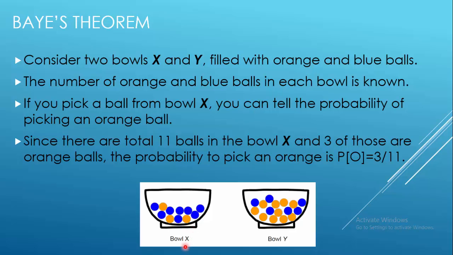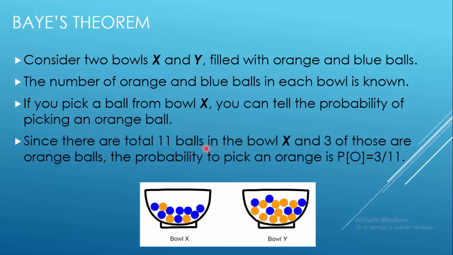We have got a bowl X over here, it has got orange and blue balls, and there is a bowl Y which has also got orange and blue balls. The number of orange and blue balls in each bowl is known. If you pick a ball from bowl X, you can tell the probability of picking an orange ball.